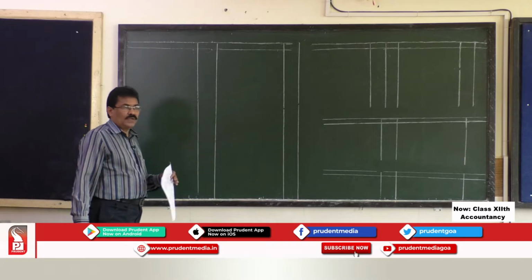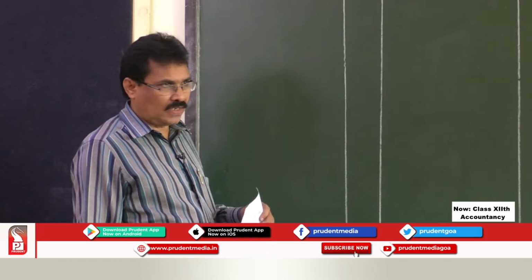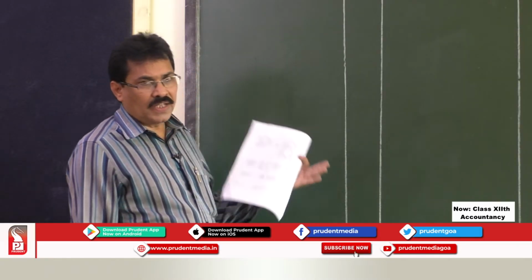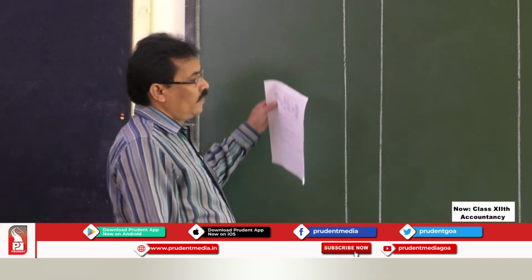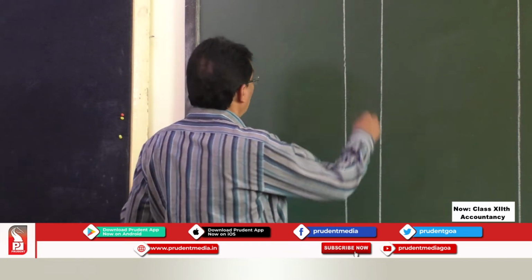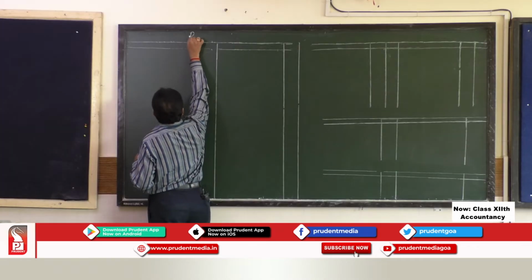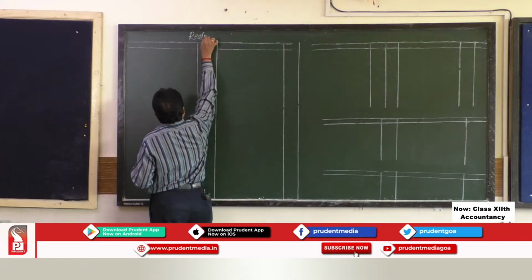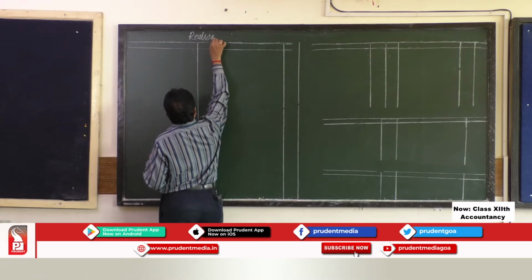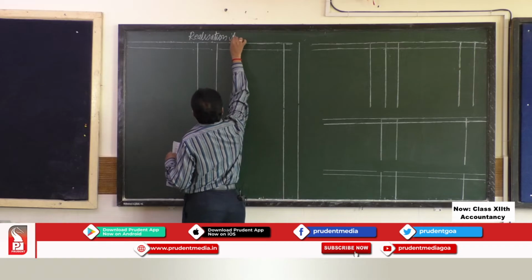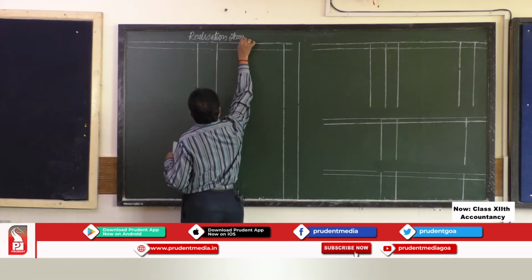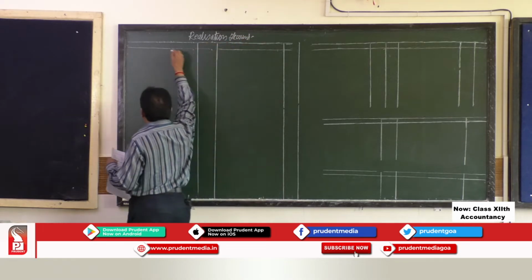To settle the books of account on dissolution of a partnership firm, whatever may be the reason for the dissolution, we have to settle the accounts by preparing these three ledger accounts. First one is the realization account. It has two sides.